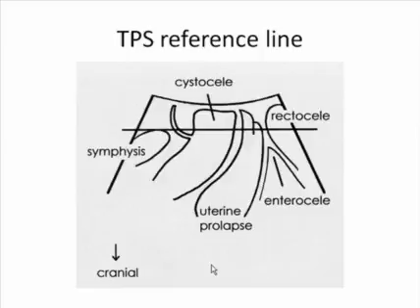Now, how do we quantitate this on transperineal imaging? The diagram shows a very nice clear line between symphysis pubis and the perineal body, which is not shown here, and structures that herniate inferior past this line, cystocele or rectocele, are shown very nicely in this diagram.